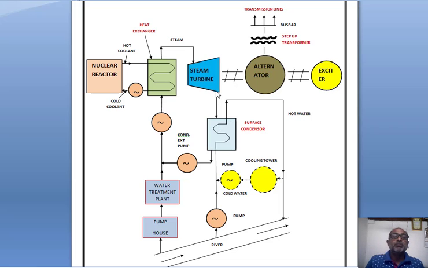Now, the exhaust steam from the steam turbine and this cooling water come into contact. Due to this, the heat of the steam is taken by the cooling water and the steam is converted into water.